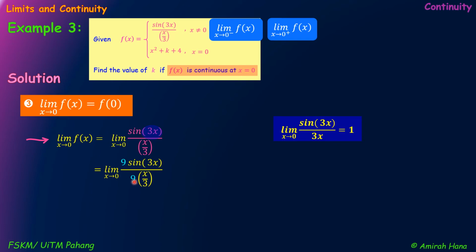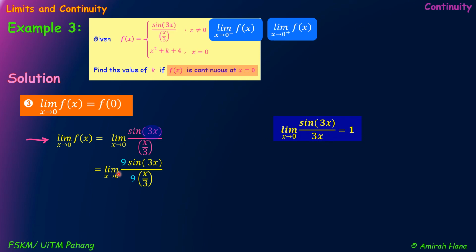When we multiply the denominator by 9, we need to multiply the numerator by the same value, so that when we simplify, we get back the original function. Why multiply by 9? Because when we simplify 9 and 3, we get 3x. We want the denominator to equal 3x, so we can use this theorem.